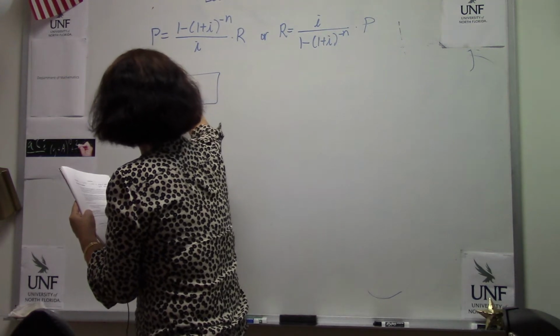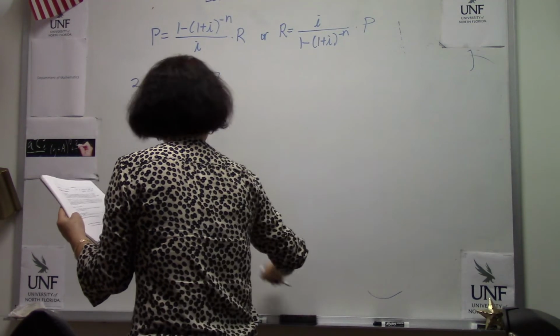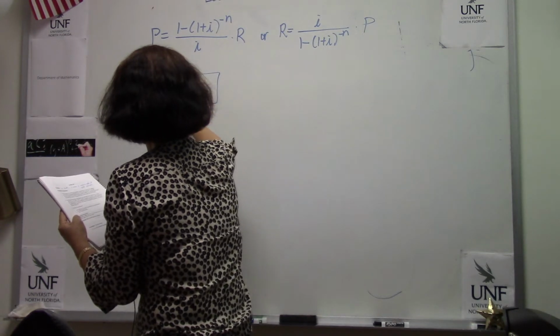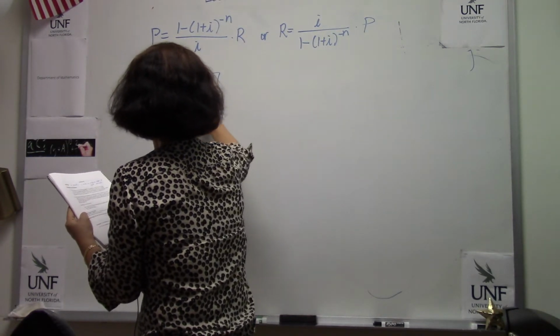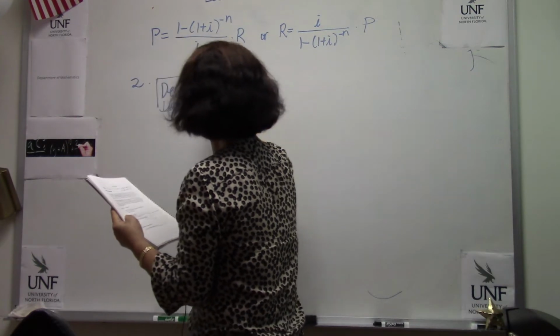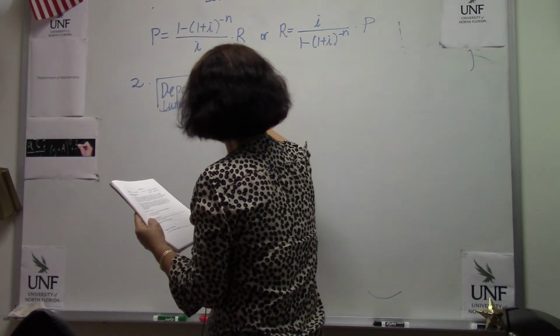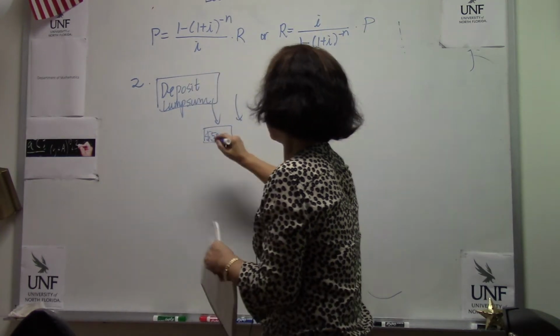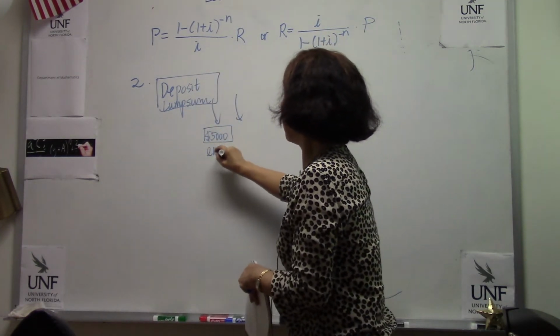We are going to deposit a big amount over here, some lump sum. And from here, you are going to withdraw $5,000 every month.